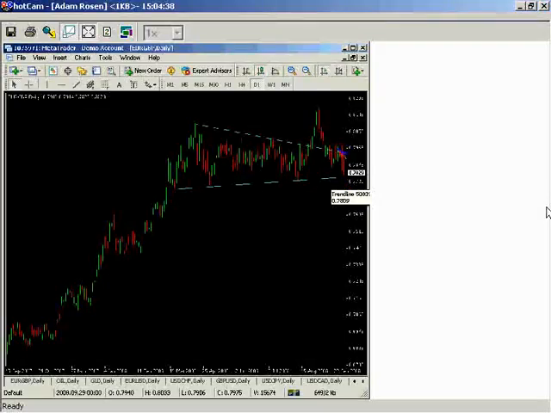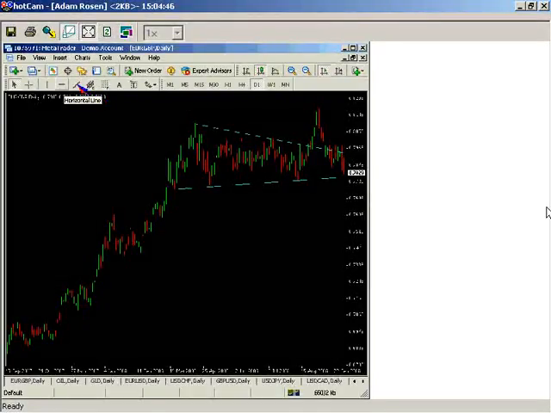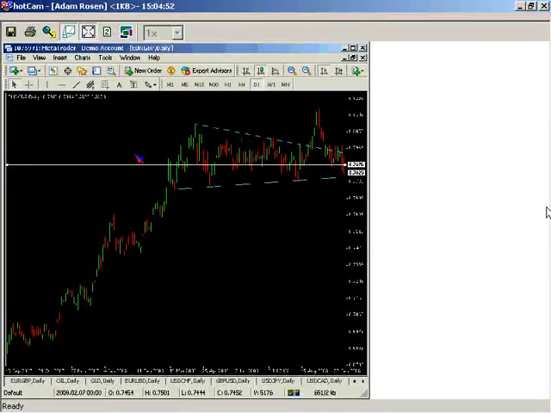The support's around 178. The resistance is around 180, actually 179 now, but we'll say 180. So 178 to 180, that's 200 pips. Half of that is 100. That puts us at 179. Actually, if you do the math, around 178.75. I remember doing the calculation earlier. It's pretty much a midpoint.